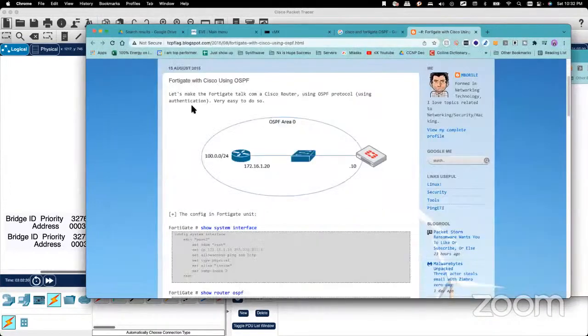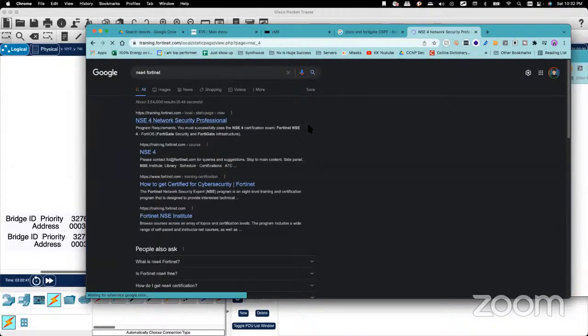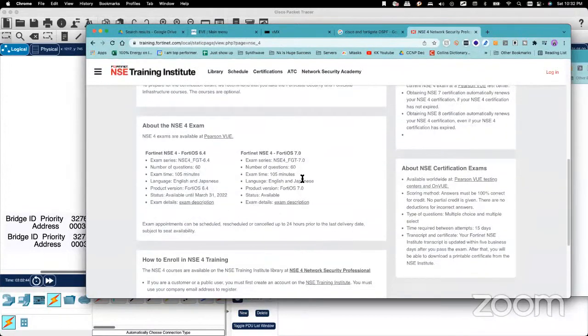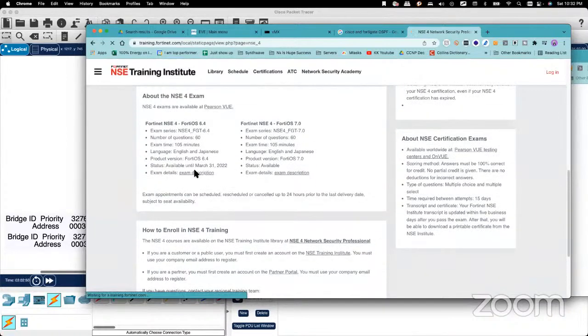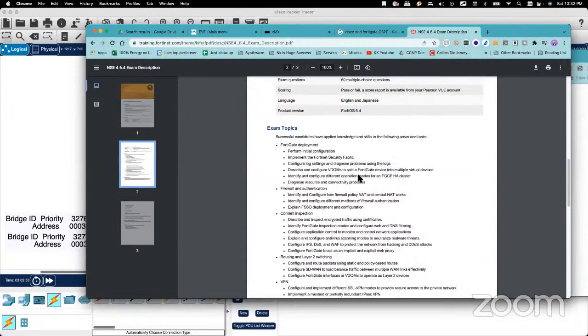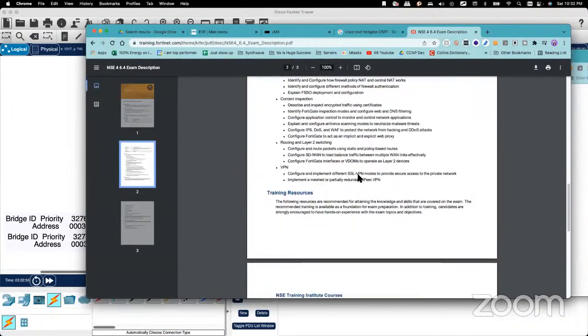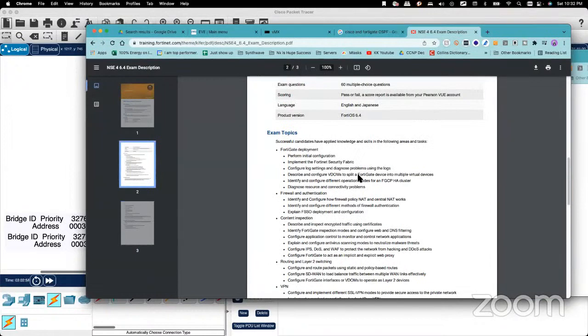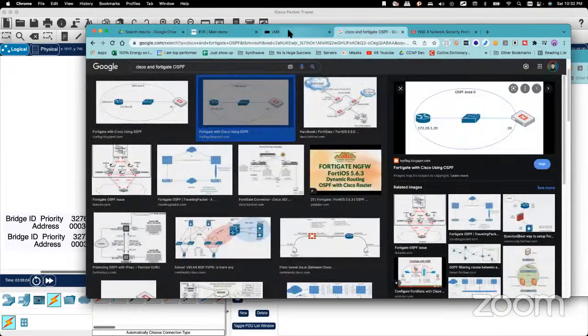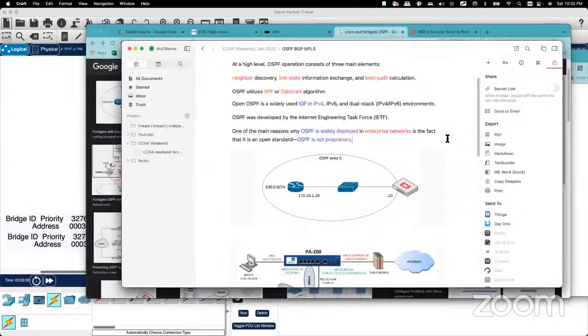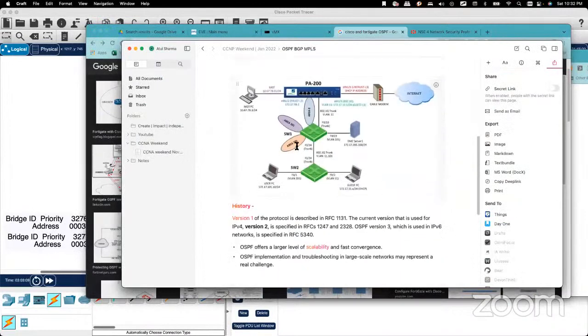Recently we started FortiGate, and if you check our FortiGate course, suppose NSE4, when you check the description for NSE4, you will come to know that in NSE4 you also configure OSPF and all those things. So you have to do routing here also. You can check some tutorials or demos and you will be able to relate, because when you try to learn multiple technologies, you try to relate the topics with each other.